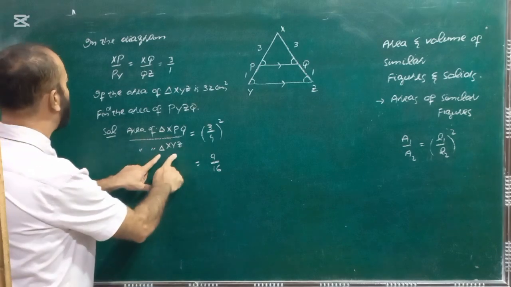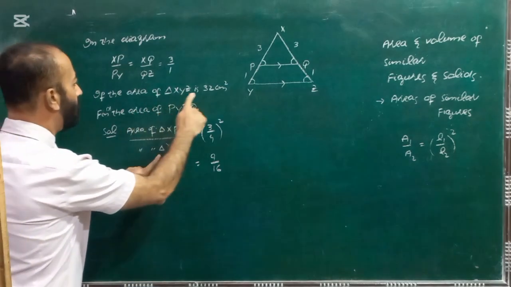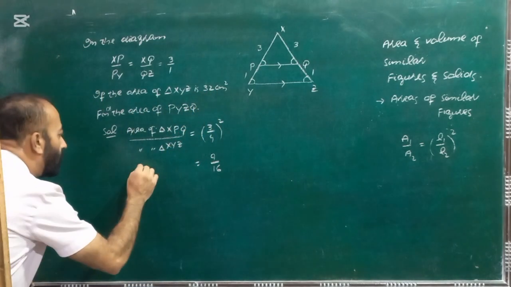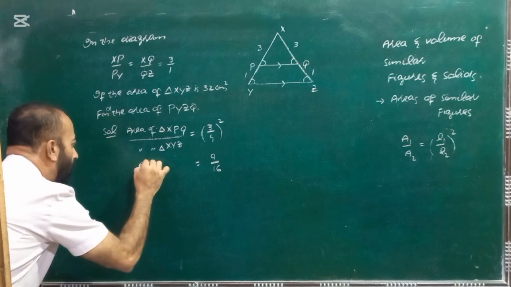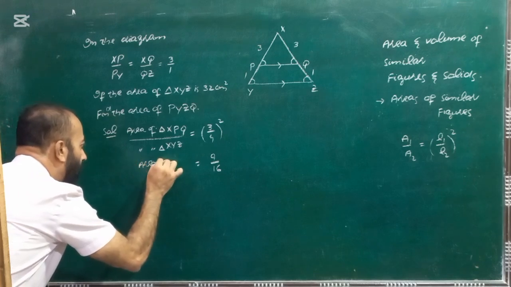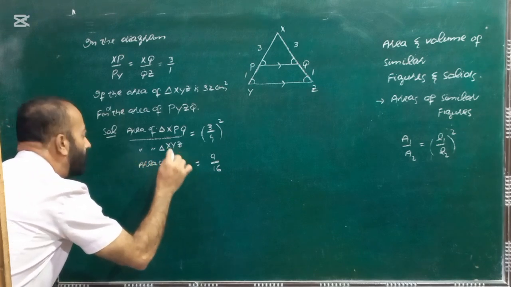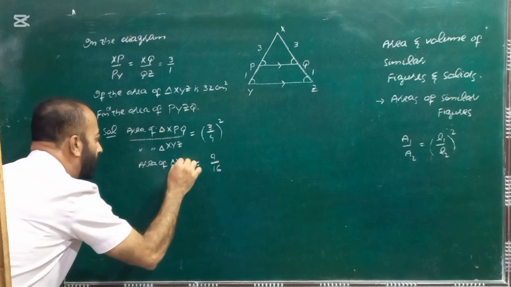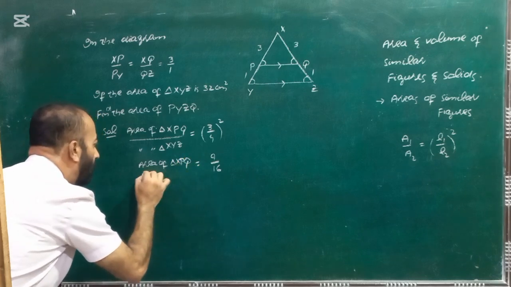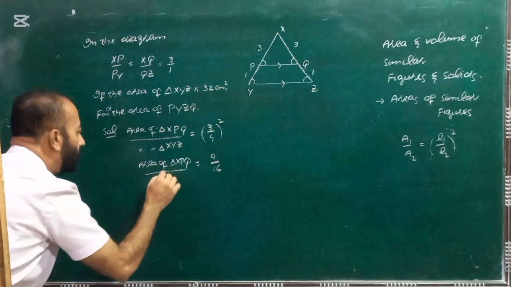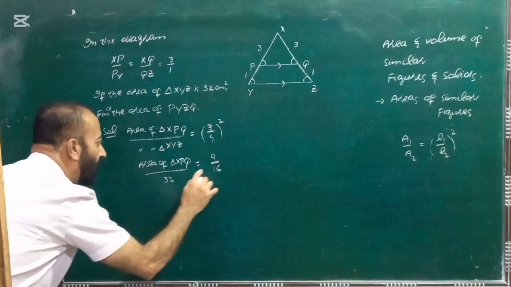The area of XYZ is given in the question, that is 32. So area of triangle XPQ over 32 is equal to this.